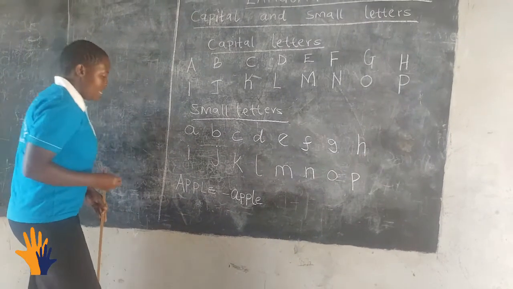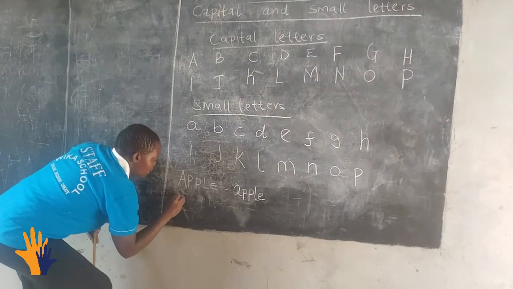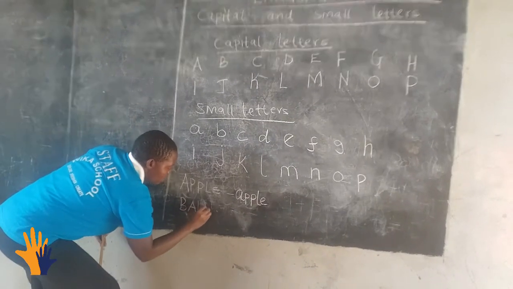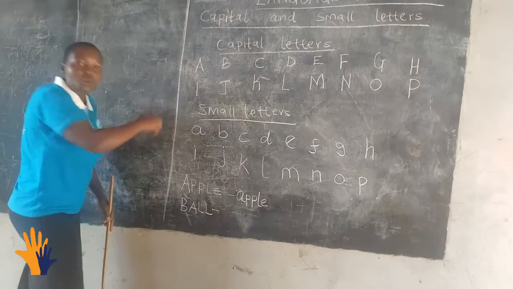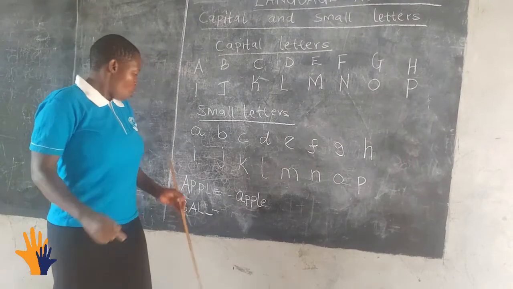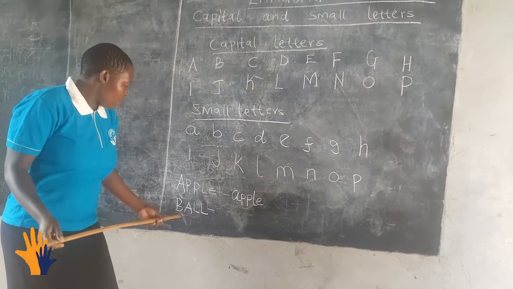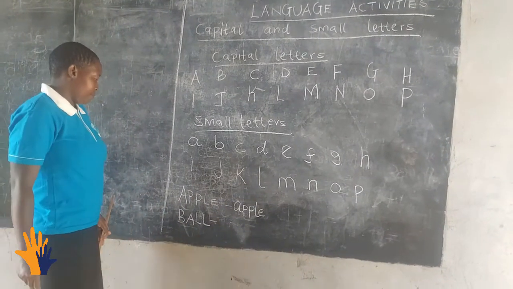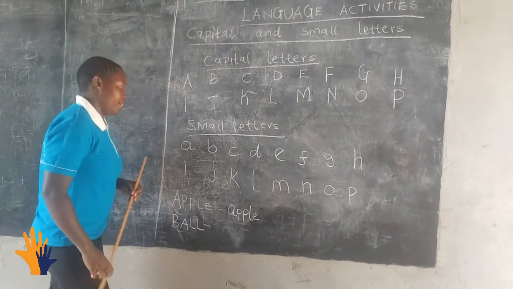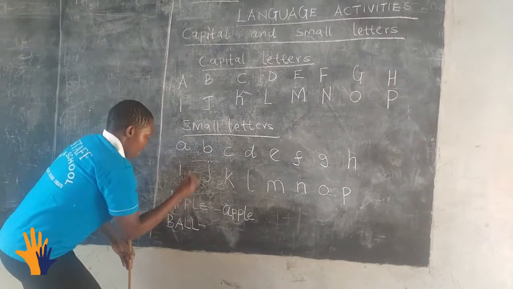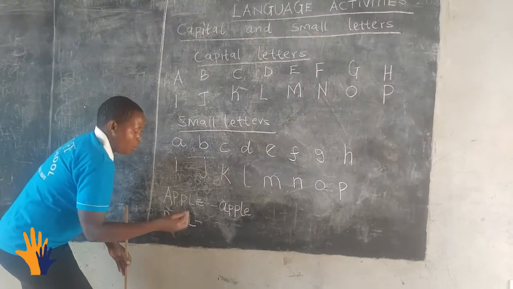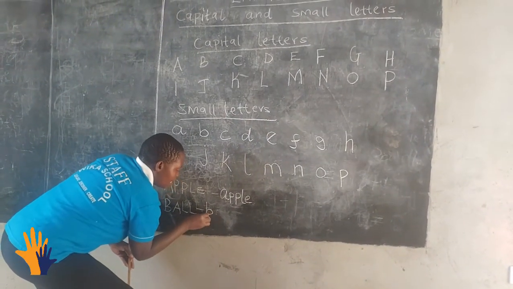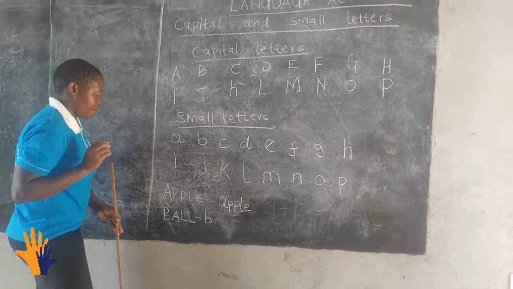The next word is the word ball. Can you say ball, children? Can you say ball, everybody? Good. So, we want to write the word ball in small letters. We begin, children. So, we begin with this being capital letter B. We are going to write it in small letters, and we write it like this.